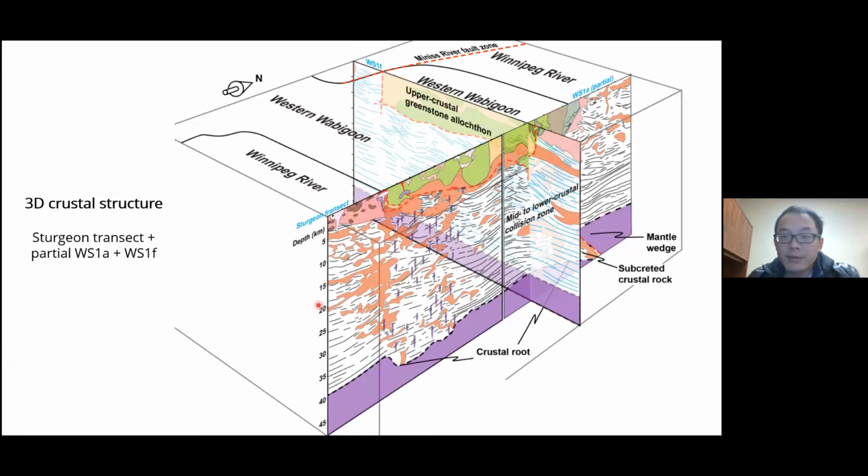So combining the three seismic transects in this region, we are able to construct a 3D model of the structure there, containing 140 kilometers along the north-south direction and 90 kilometers along the east-west direction.